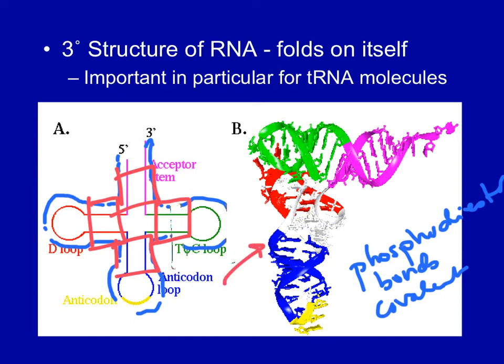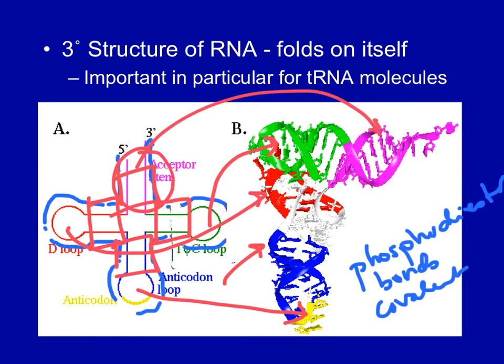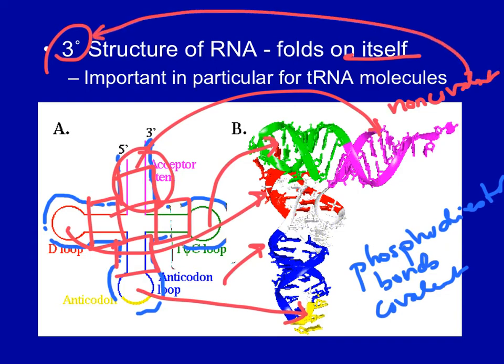So over here they're showing you, here's the green part of this, here's the yellow part, here's the red, and this whole part is out here. So you get this folding up into a tertiary structure when it folds on itself. What is all of that kind of bonding? It's all going to be non-covalent bonding. Generates this tertiary structure.